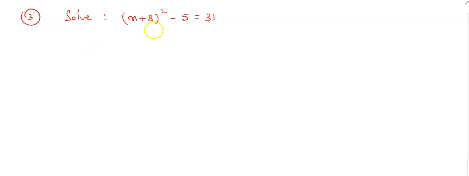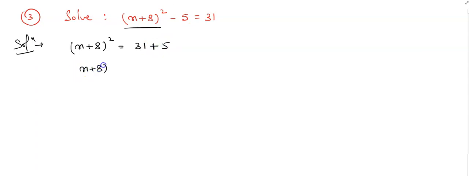So in this, what is the variable? Variable is m, correct? M is unknown. So let me keep this complete term as it is, (m plus 8) whole square. Now here is minus 5, correct? So this minus 5 we shift to the RHS side. So what it becomes? (m plus 8) whole square is equals to 31 minus 5 comes this side, it becomes plus 5.